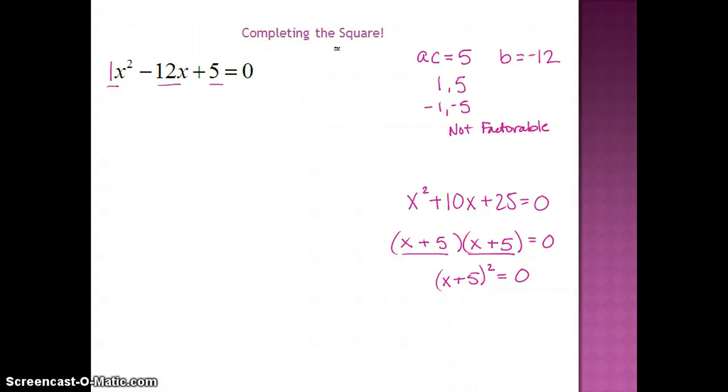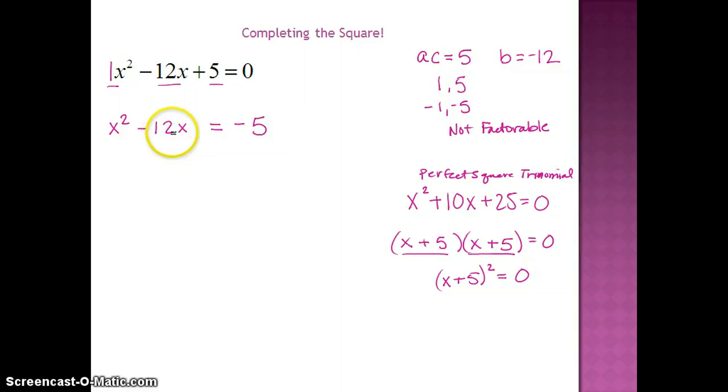So how do we do that? Well, what we do first is we rewrite this so all the x terms are on the same side. So keep the x squared and the minus 12x over here, but then we're going to subtract 5 from both sides. After we subtract 5, we're going to try to create a perfect square trinomial.